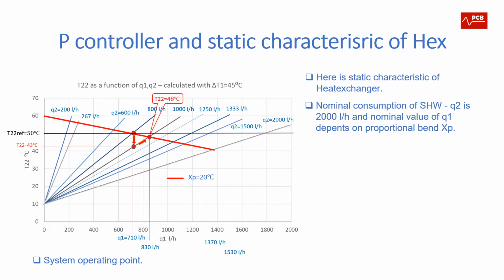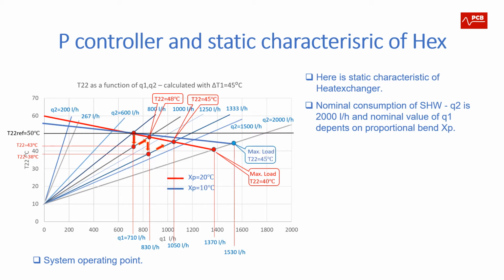And it is the same story further on. If there is a next increase of consumption, there is also action of the controller to reduce the error. In the end, when the system reaches the nominal value of consumption, there is an error of 10 degrees.